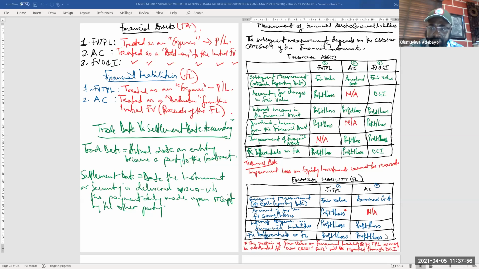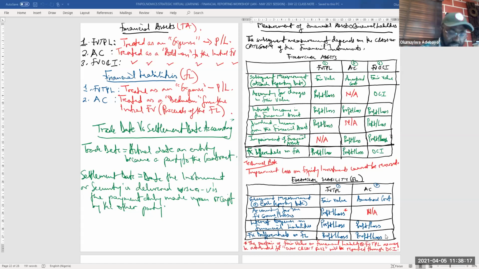In that manner, such portion of the fair value gain ascribed to changes in own credit risk of the issuer will have to be reported through OCI.